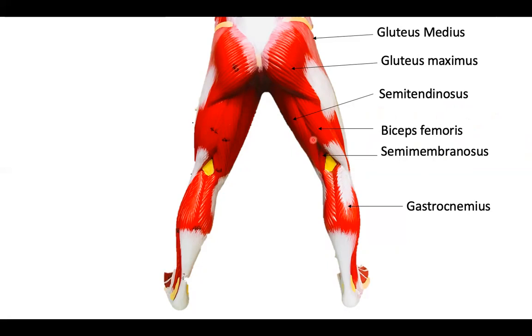And partially visible from underneath the semitendinosus, you have the semimembranosus. So these 3 muscles, biceps femoris, semitendinosus, and semimembranosus, together form what we identify as hamstrings.